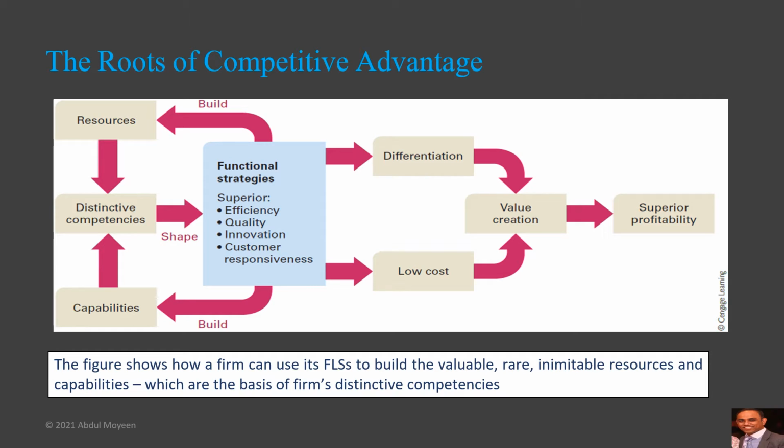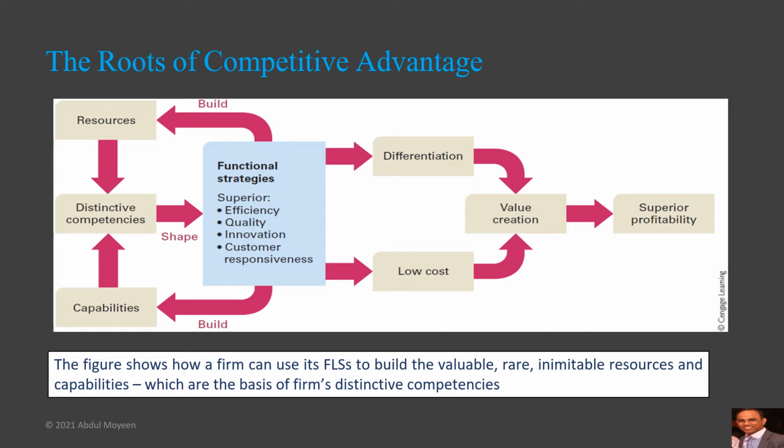This figure shows how a firm can use functional level strategies to build the valuable, rare, inimitable resources and capabilities which are the basis of a firm's distinctive competencies. Apple, for example, has distinctive competencies in design, while Toyota has distinctive competencies in the development and operation of manufacturing processes.